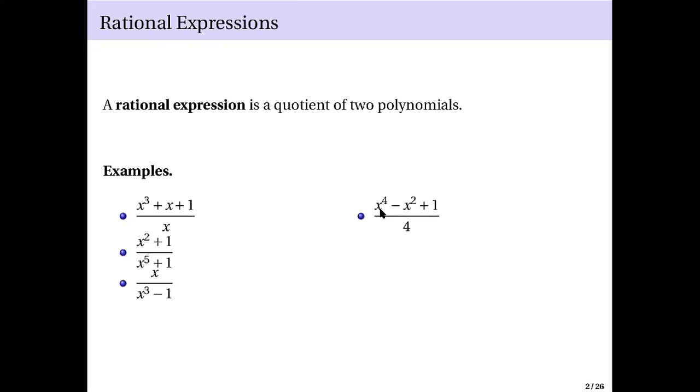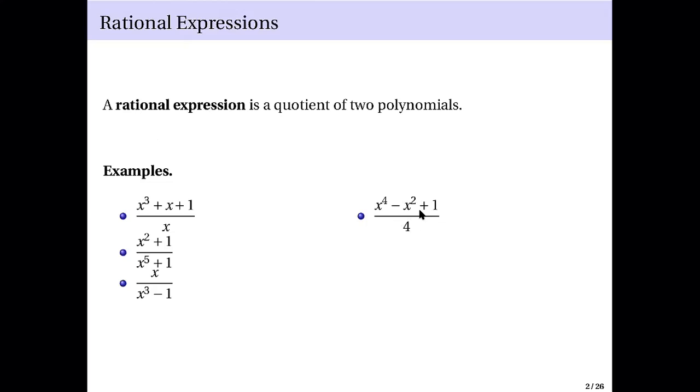You have x to the 4 minus x squared plus 1 divided by 4. In the numerator, you have a degree 4 polynomial, while in the denominator, you have a degree 0 polynomial. So constants are polynomials also. So this is still a rational expression.